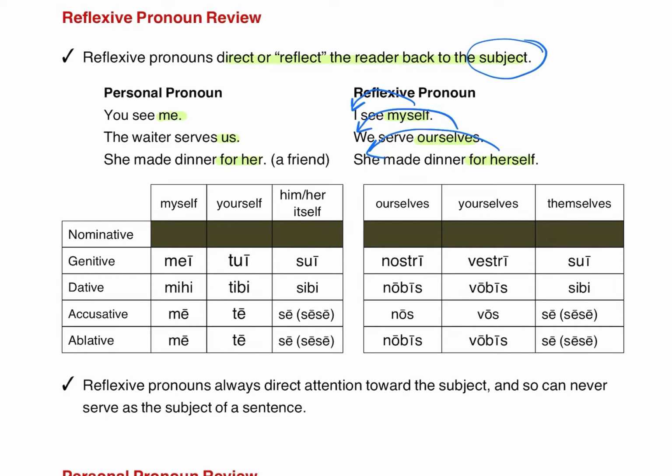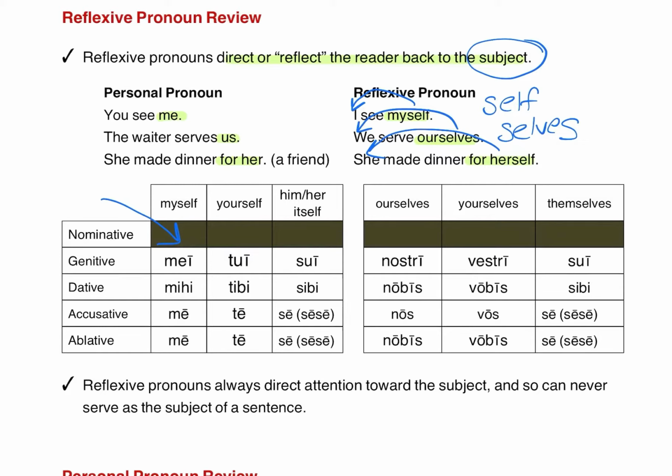And what reflexive pronouns in English all have in common is they all have a suffix, if you remember, of self or selves. So if you look at your reflexive pronoun chart, which is in your chart book, you'll notice that there are no genders and there are no nominative forms. And remember, there's no nominative forms of reflexive pronouns because reflexive pronouns always direct attention toward the subject, and so it can't be directing its attention back to itself.